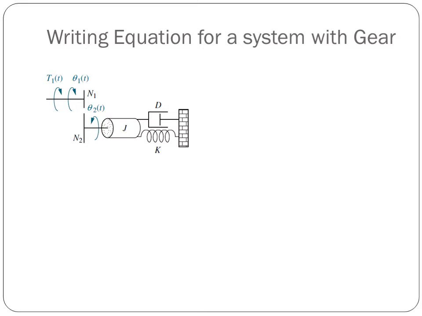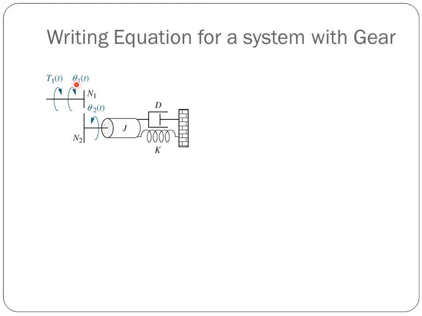We know that to write the equation, we multiply theta 1 with some impedance and set it equal to T1. So this is the equation for torque, but there is a problem here.